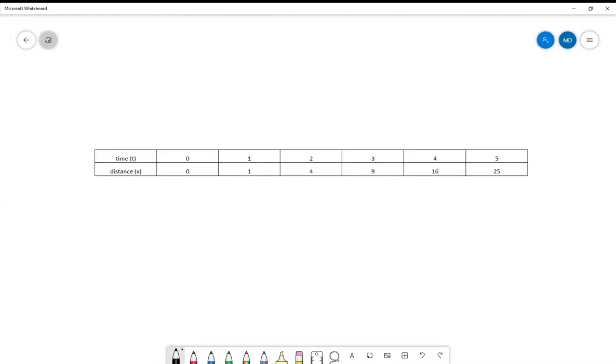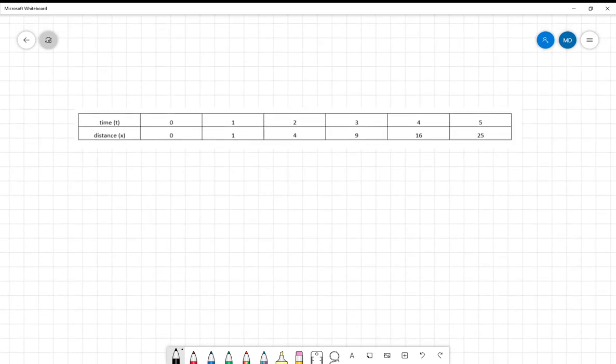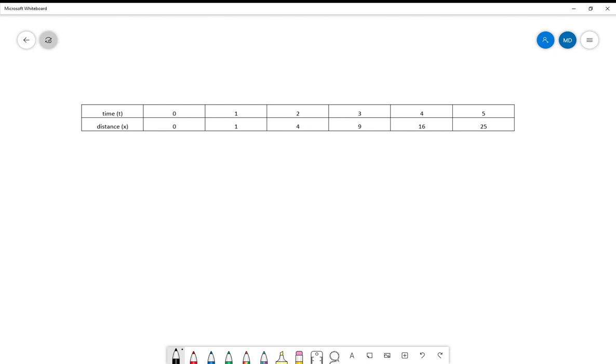Let's say we have something moving along. We know it's accelerating. We know its speed is changing all the time. But ultimately, all we can measure is how far it's gone after a certain length of time. So we've taken these measurements after each second, or maybe hours or days, we're not necessarily sure.